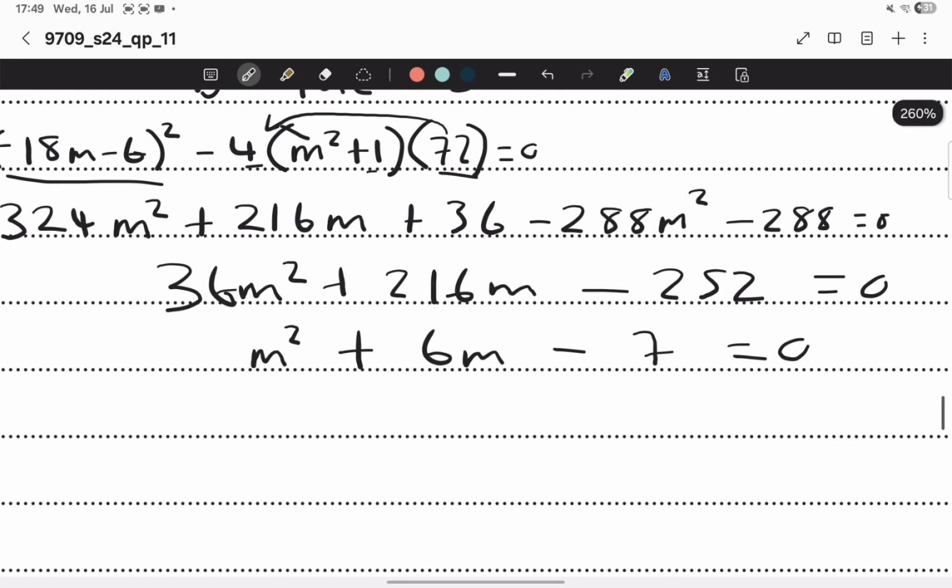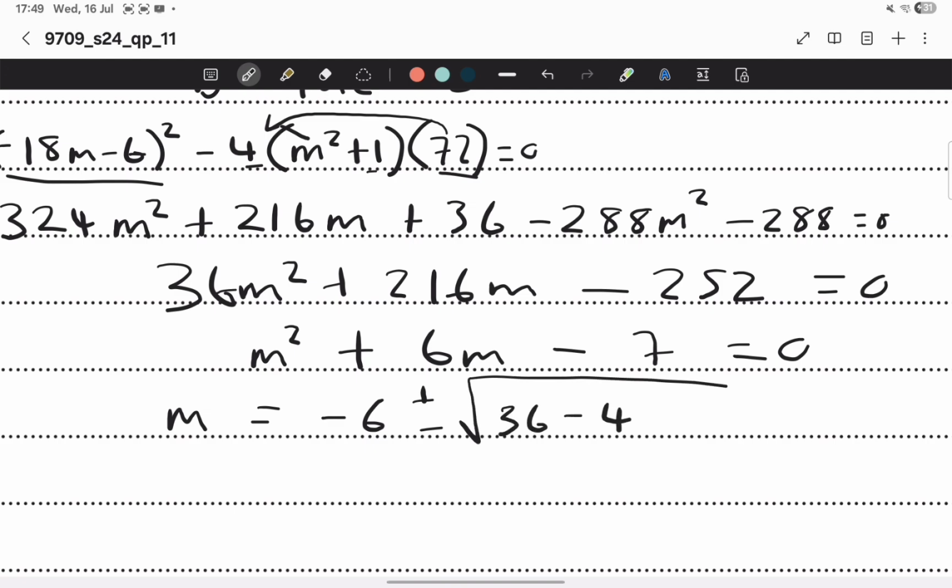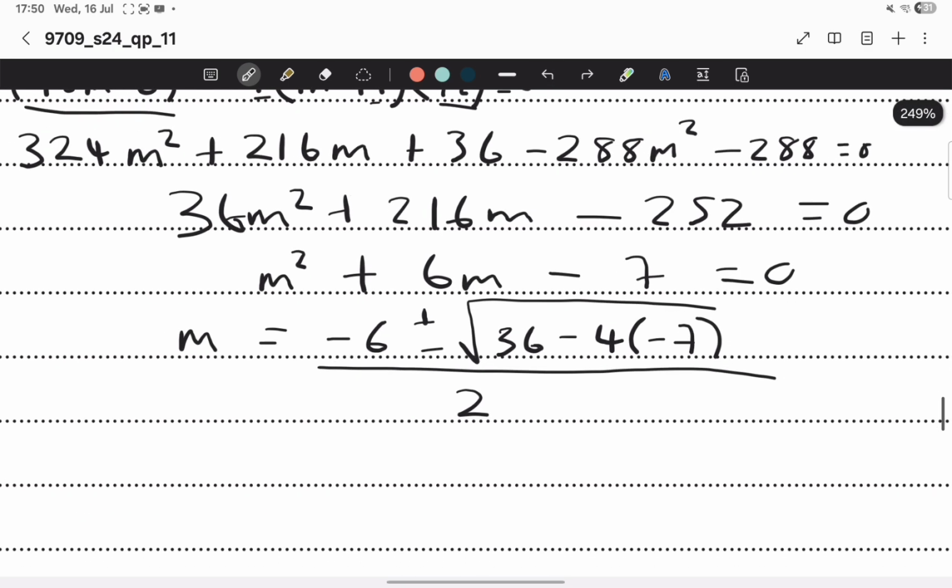If we use the quadratic formula, m = (−b ± √(b² − 4ac)) / 2a, where b is 6, so 6² gives us 36, minus 4, a is 1 and c is −7, over 2a, and our a is 1, so it's over 2.